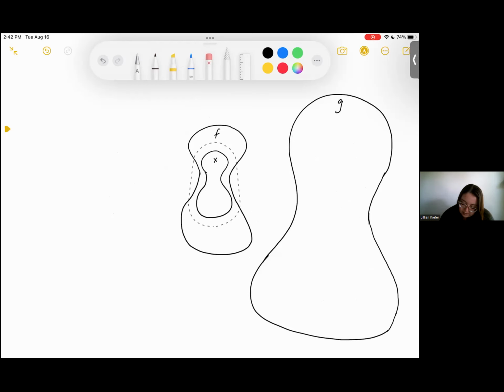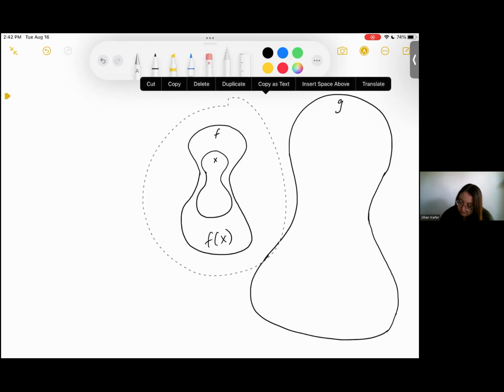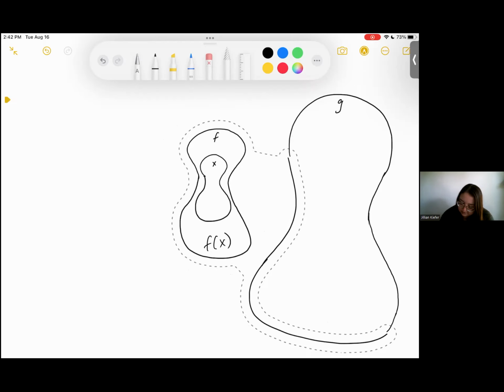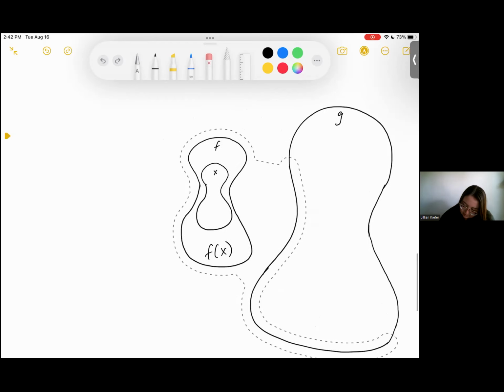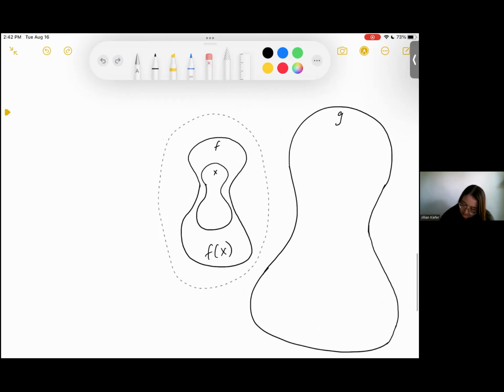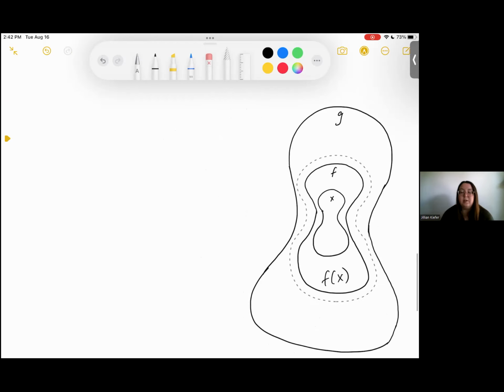It would just be labeled a little differently. So in this case, this would be f of x. And we would take this result and place it inside our function g, and this would give us g of f of x.